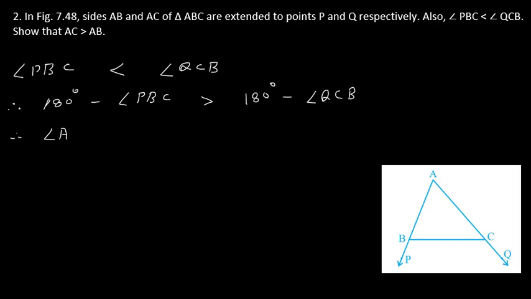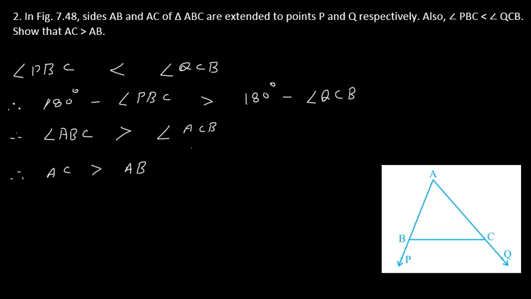So your angle ABC is greater than angle ACB. They are linear pair angles, so therefore 180 degrees minus PBC is angle ABC. So therefore as angle ABC is greater, its opposite side AC is greater than the opposite side of this ACB, which is AB.